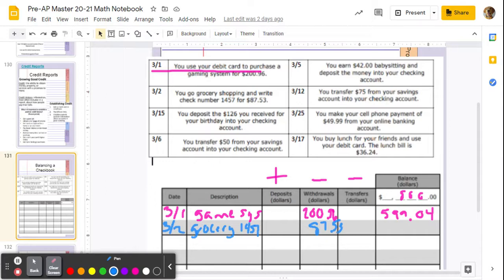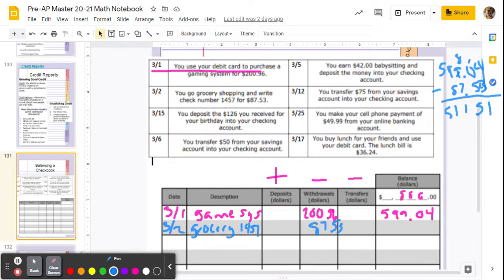So the next thing we do is $599.04 minus our $87.53. 4 minus 3 is 1. We're going to borrow 1.